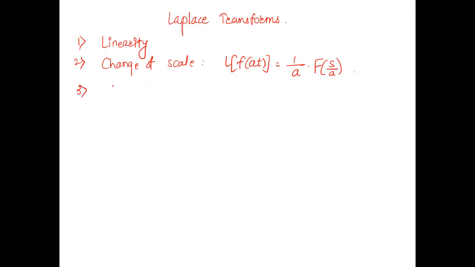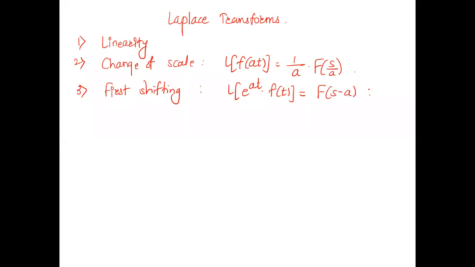Next, we have seen the third property also, that is first shifting property. Laplace of e raised to at into f of t. So what is the answer? F of s minus a. Correct.